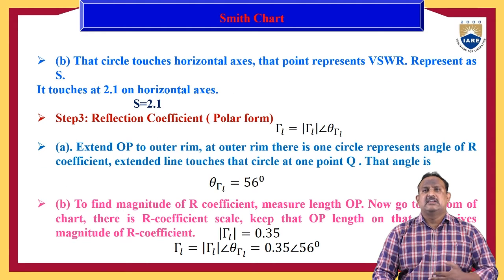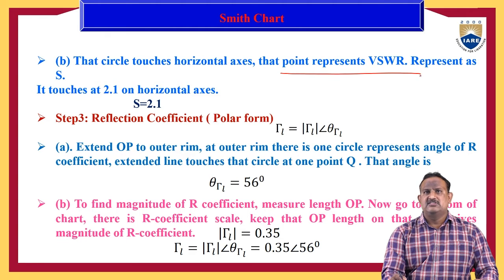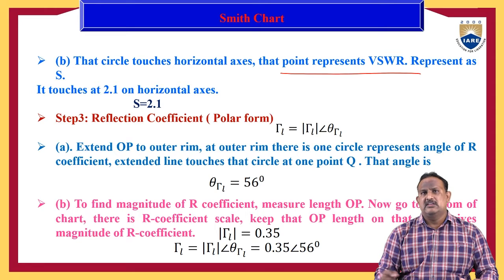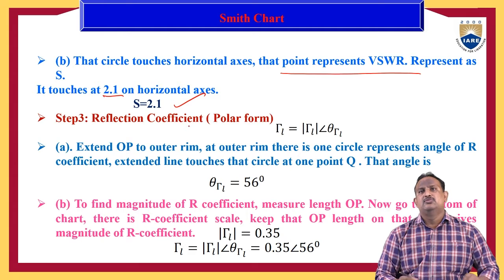That circle touches the horizontal axis on the right-hand side at 2.1. Therefore, S equal to 2.1, where S is nothing but the VSWR.